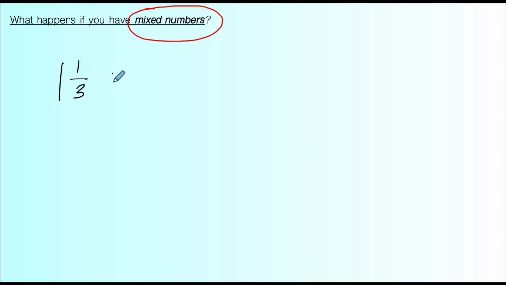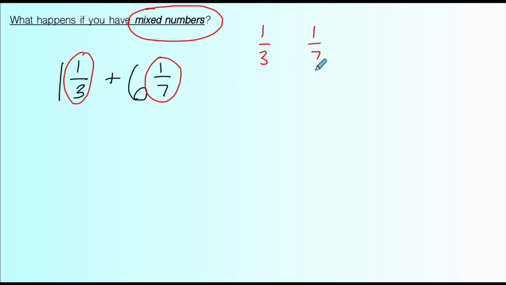So let's come up with an example problem. 1 and 1/3 plus 6 and 1/7. All right, step 1, focus on just the fractions. The whole numbers we'll come back to. So the fractions, I've got 1/3 and 1/7. Clearly, they do not have common denominators, and I need to make them have common denominators.